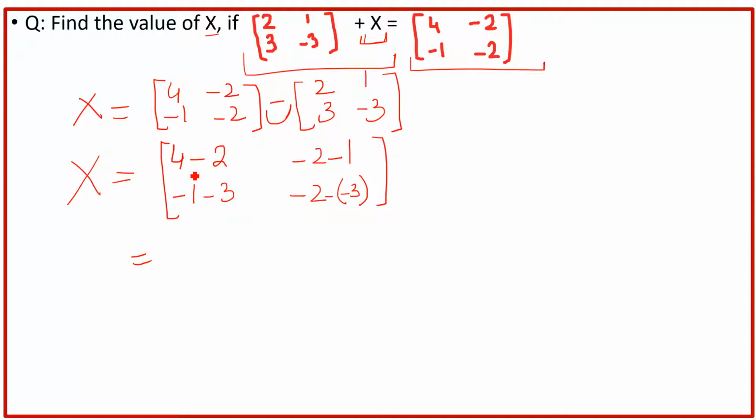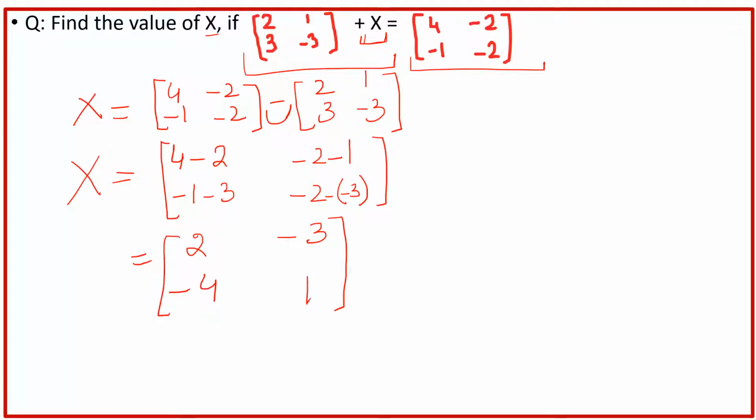It will be 4 minus 2, which is equal to 2, negative 4, and here is negative 3, this is negative 2, and this will be positive 1. So this is the value of our first question, which is x is equal to this one.